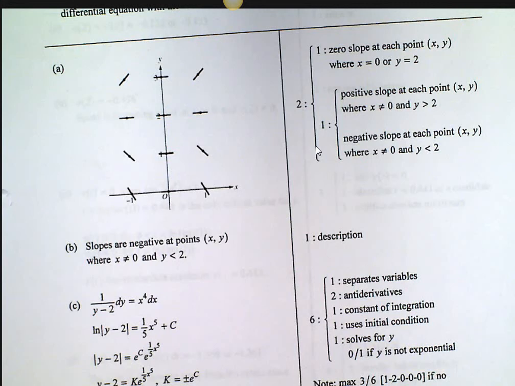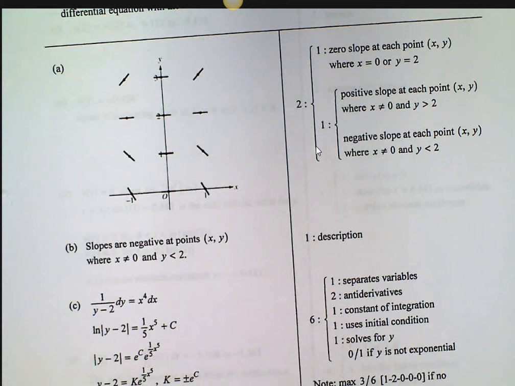Now, I hope y'all tried AB. Okay? The slopes are negative. Guys, there's always a question on the AP exam like this. The slopes are negative when y is less than 2, right?